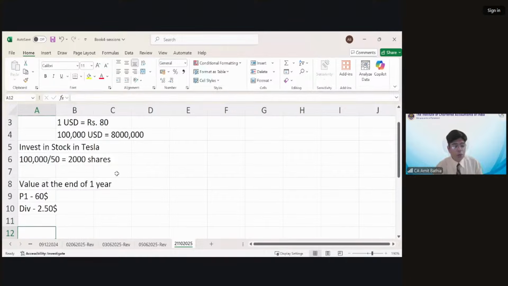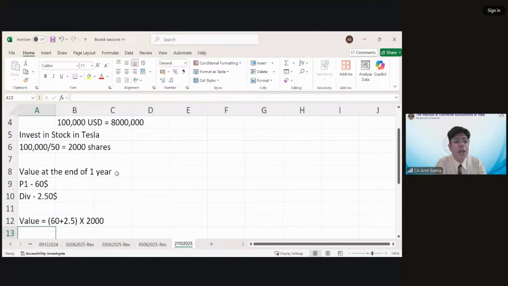So what is the total value that we have earned over here at the end of 1 year? So value will be how much? For us, it will be $60 per share, plus I have also received a dividend of 2.5 per share multiplied by 2,000.